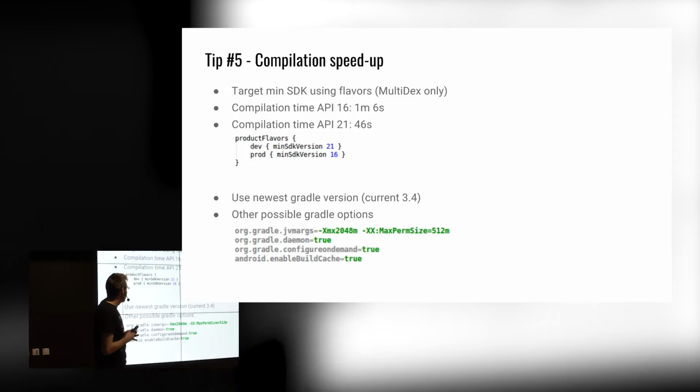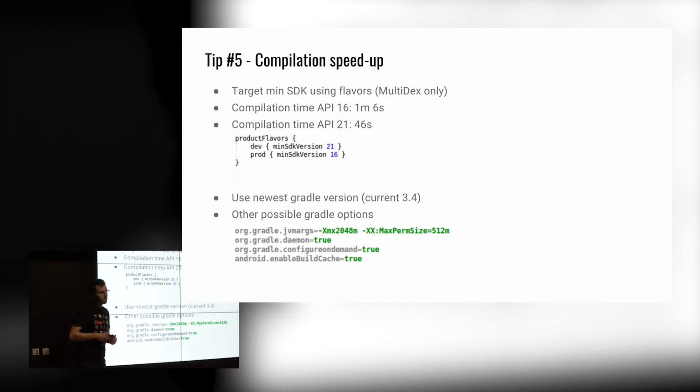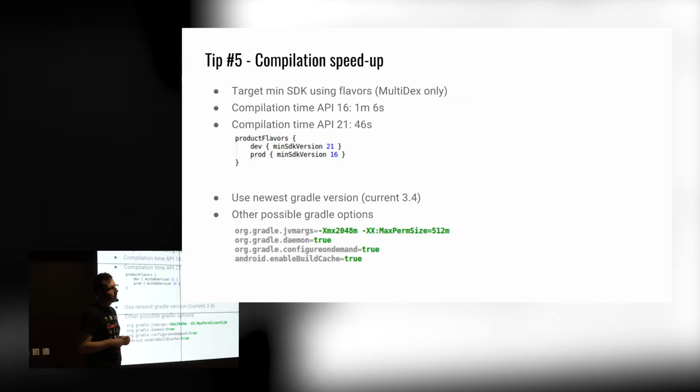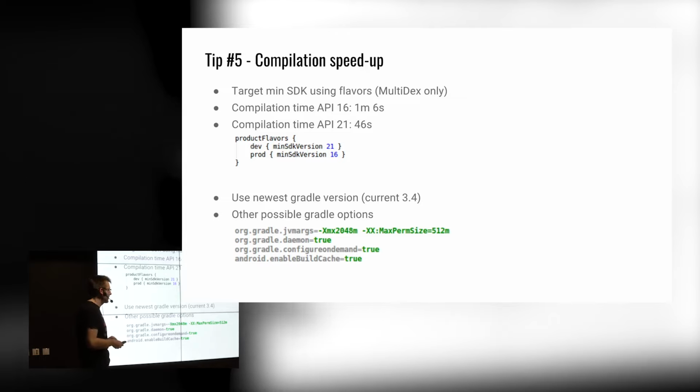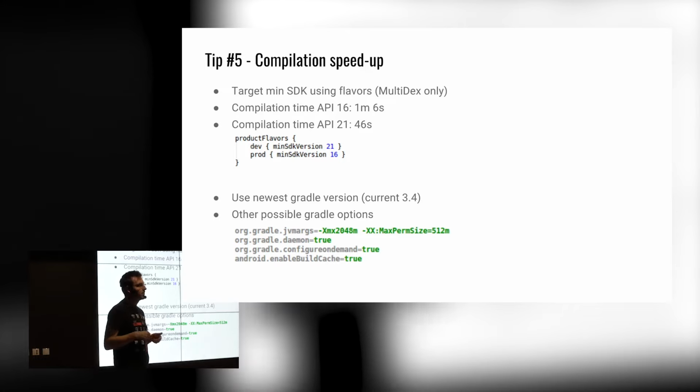Also, a good trick is to specify that the compilation of your application should run in a daemon, so it uses the same daemon every time. It starts the daemon when you first compile your application and then uses it again. And the continuous building will take less time.